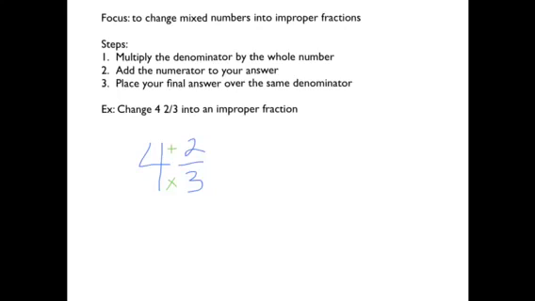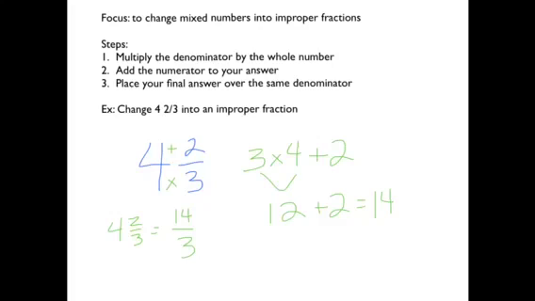So we will take 3 times 4 plus 2, which gives me 12 plus 2, which equals 14. 4 2/3 equals 14 thirds.